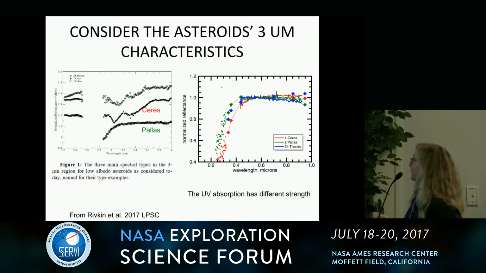When you add in the IUE data, you can see distinct differences, at least for Ceres and Pallas. We don't have IUE data for Themis. What that difference means, we don't know yet, but it's one thing to keep in mind.